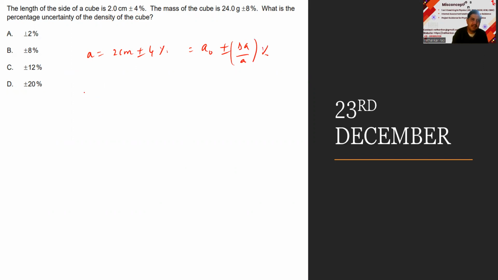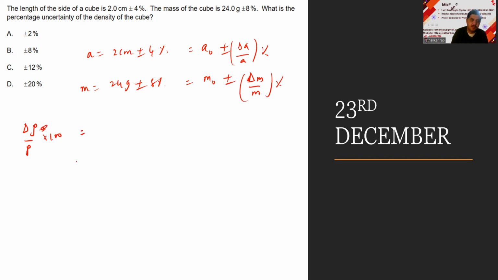Then mass of the cube is given by 24 grams plus or minus 8%, which means I am given M0 plus or minus delta M by M percentage. What is the percentage uncertainty of the density of the cube? Density of the cube is asking you to find out delta rho by rho into 100. This is what has been asked.